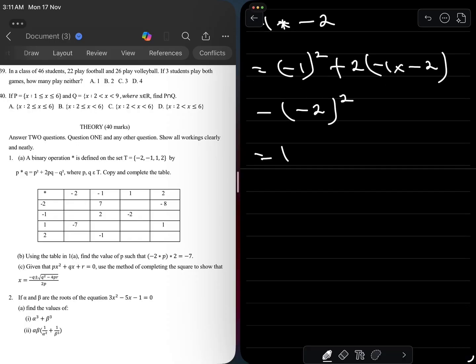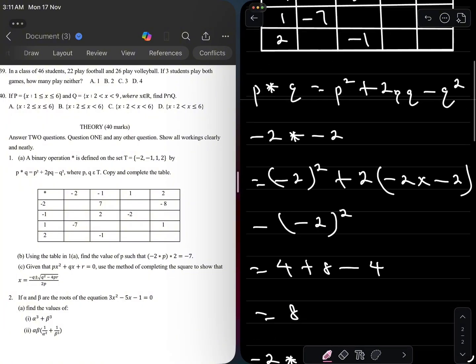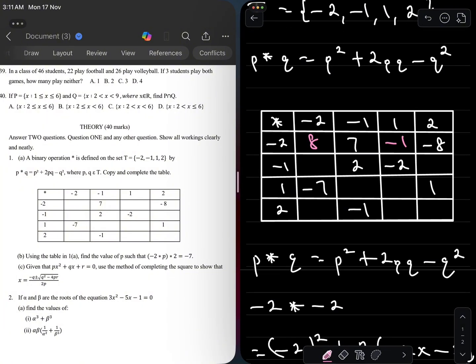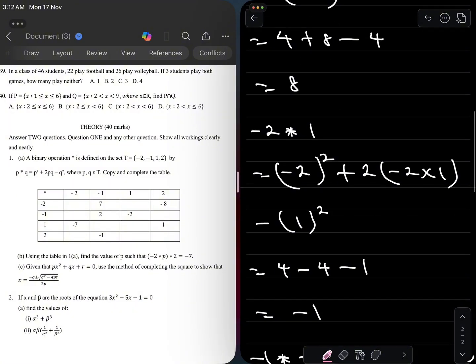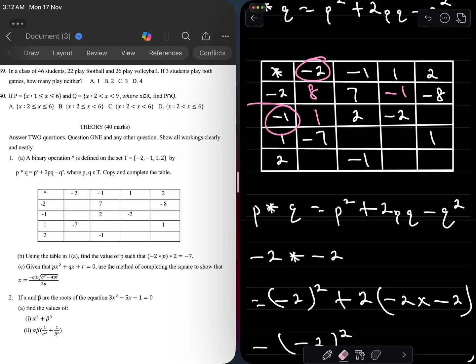That's equal to 1, minus 1 times minus 2 is plus 2, times 2 is 4, minus the square of minus 2 which is 4. That simply means 1 plus 4 is 5, 5 minus 4 is 1. So minus 1 asterisk minus 2 is equal to 1.